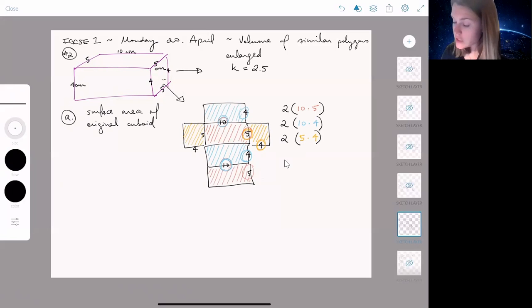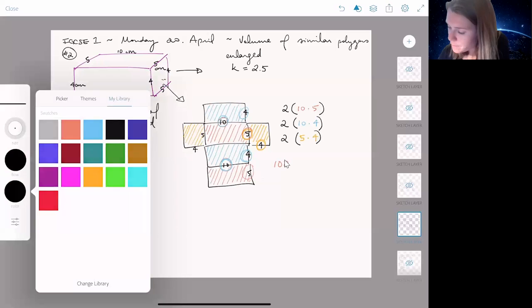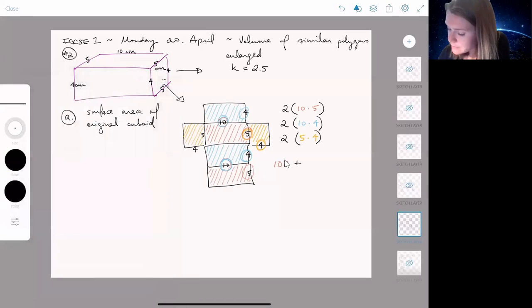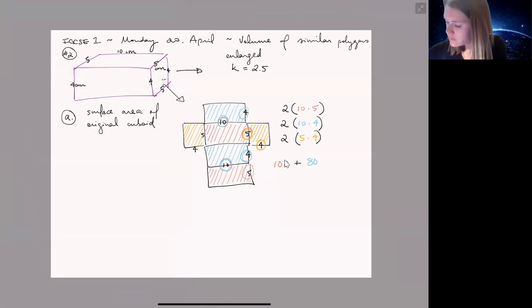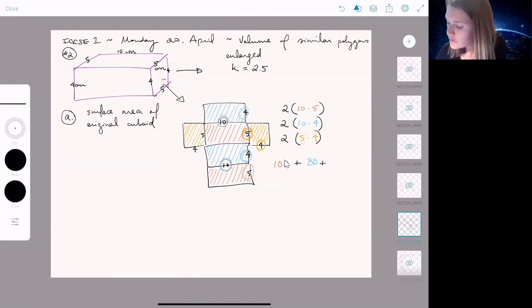10 times 5 is 50. 50 times 2 is 100. 10 times 4 is 40. 40 times 2 is 80. 5 times 4 is 20, times 2 is 40.